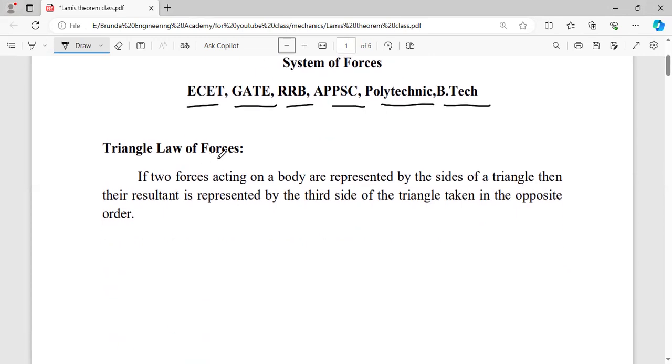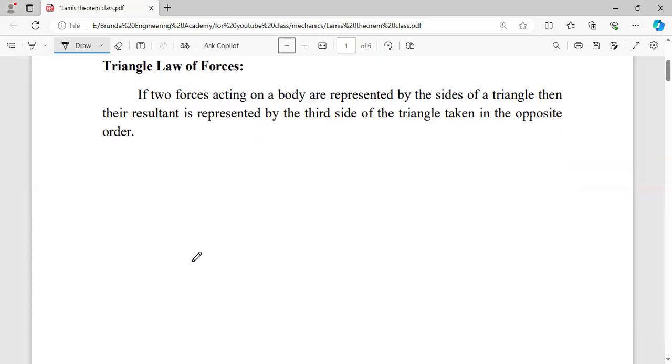Here, the first concept is the triangle law of forces. In mechanics, the triangle law of forces. The statement, observe and understand, we can easily remember.